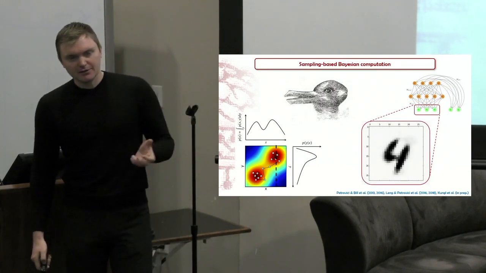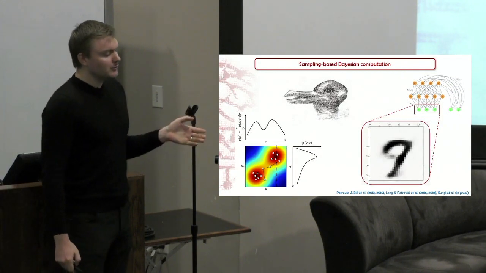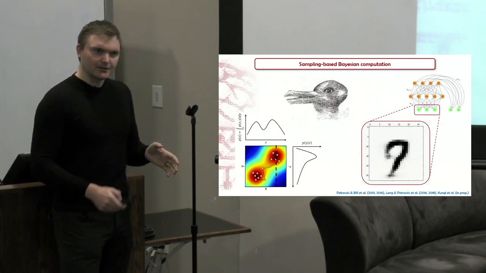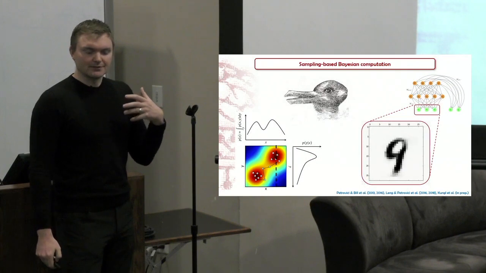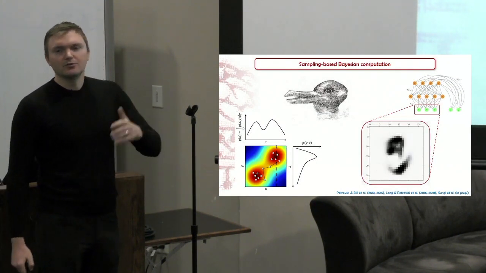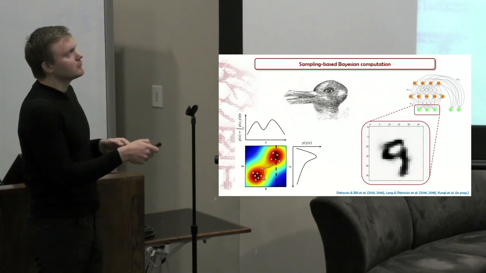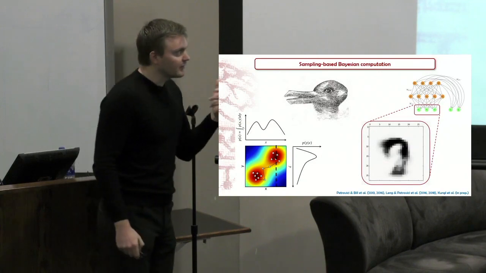One would be representing it explicitly, so somehow storing probabilities. And the other way would be by sampling. So we represent states, and then by accumulating states, in the end, we accumulate knowledge about an underlying probability distribution. And this is just a cartoon to show how this could be working in the brain.